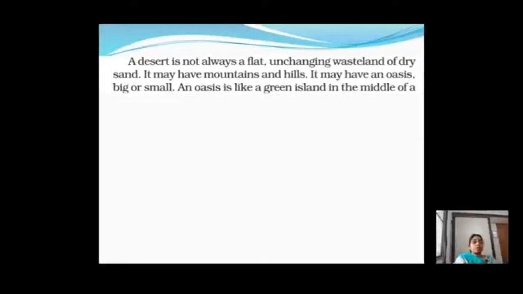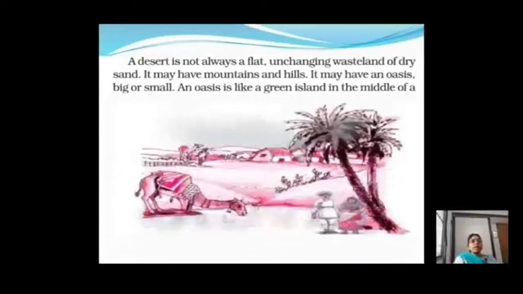Next, a desert is not always a flat, unchanging wasteland. It is not a wasteland, okay? It is not a land of dry sand always. It may have mountains, it may have hills, and it may have oases also. Do you know what an oasis is? Big or small, a green island in the middle of the desert.